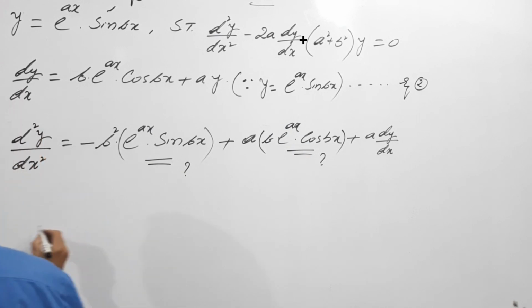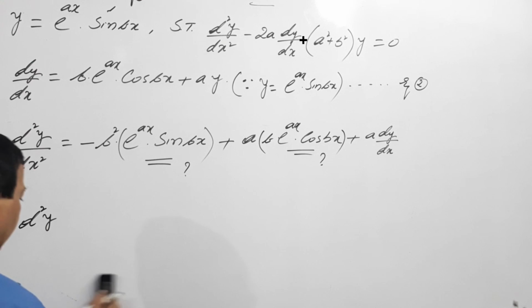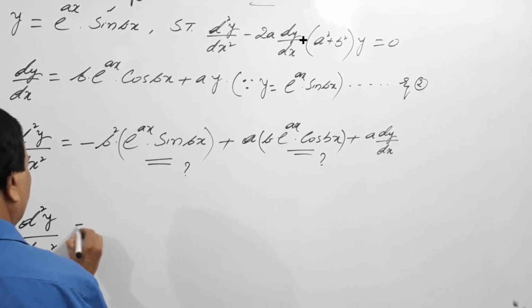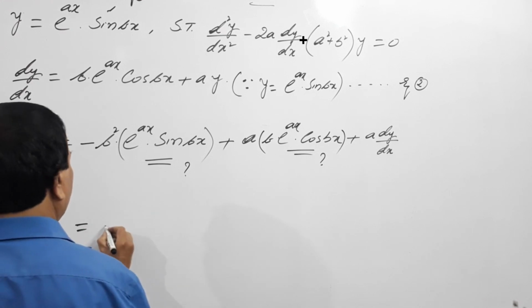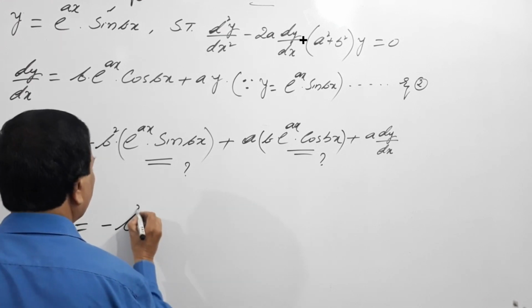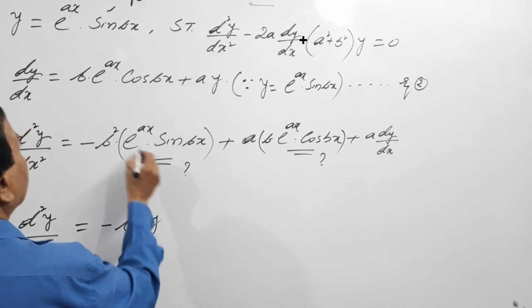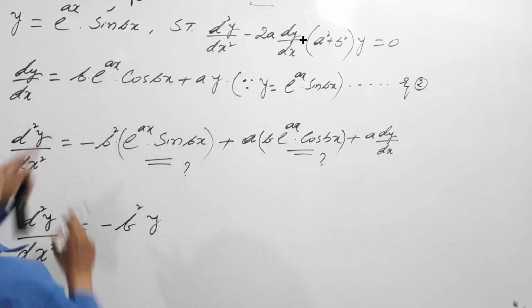So d square y by dx square equals b square into y, because this is nothing but y equals e to the power of ax into sin bx.